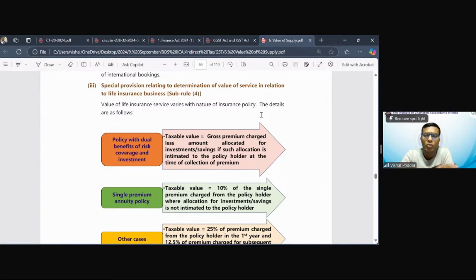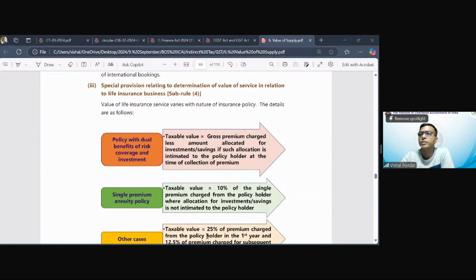If nothing happens, the amount of premium is gone. So over there, what you are paying as premium is fully for insurance. But in a life policy, which is an endowment policy, where you will get the policy amount returned at the end, please pay attention, whatever you are paying is not fully for insurance.